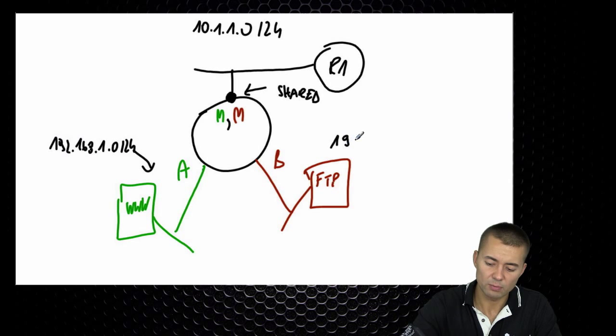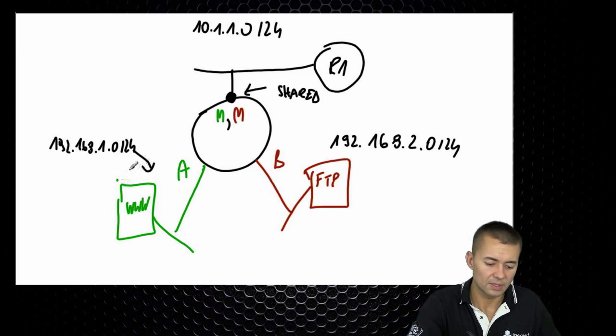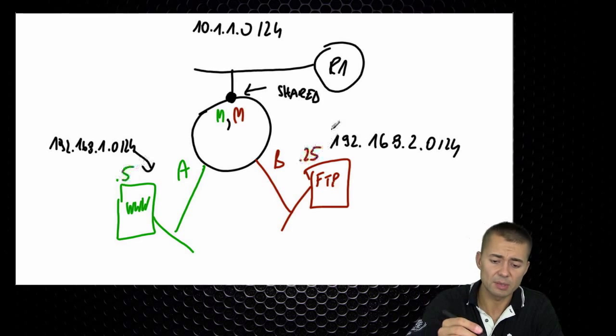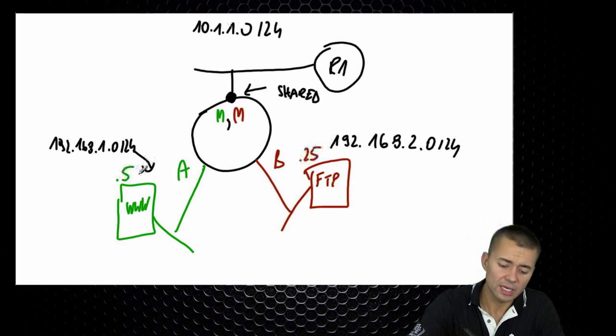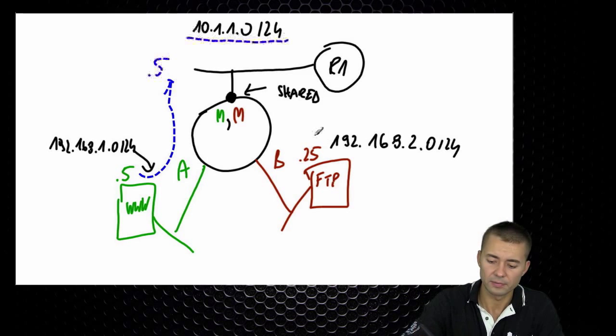And this subnet is going to be 192.168, let's say 2/24. And the translation is going to be, this guy is using that 5, and this guy is using that 25 in the subnet, and we say we want to translate that 5 to that 5 in this network, versus this one I want to change to be 10.1.1.25.